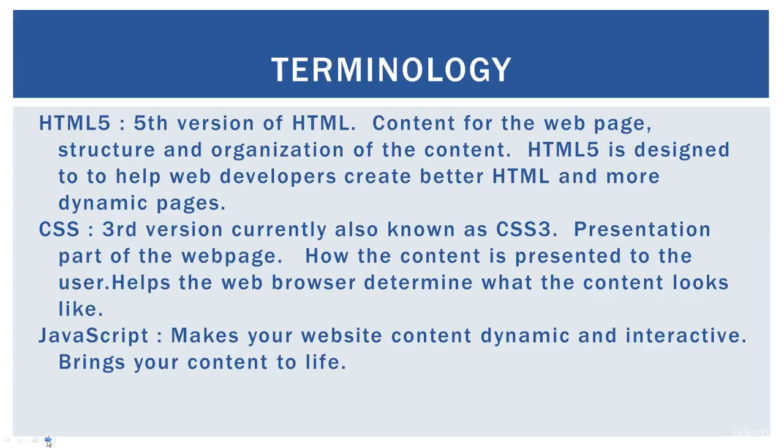The content is structured using HTML, and then CSS helps the web browser determine what that content should look like. For instance, background colors, font colors, different font styles, and a whole lot more, including positioning of various elements that you've created within your HTML code.